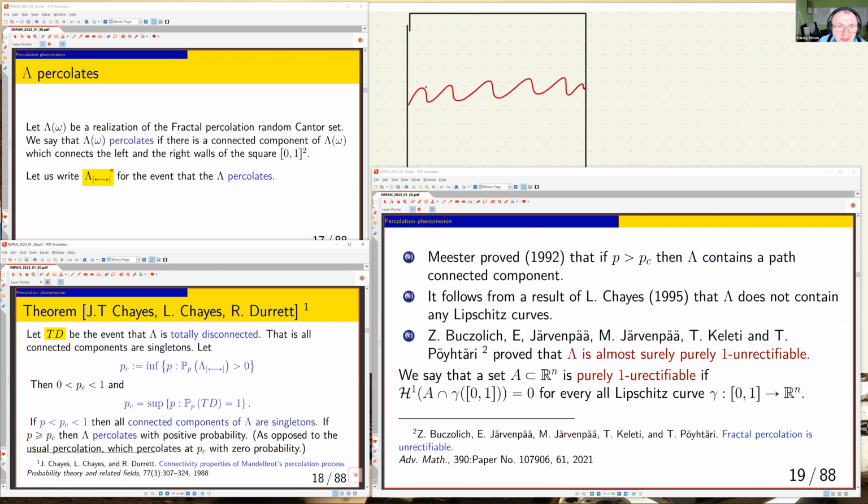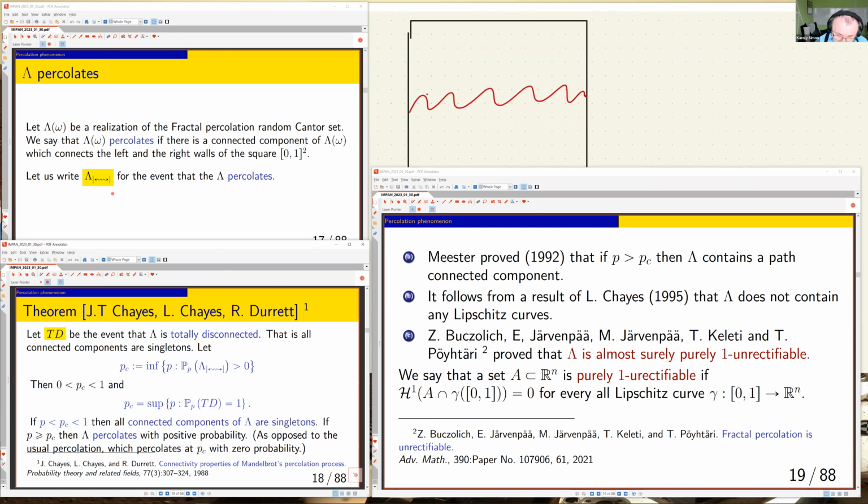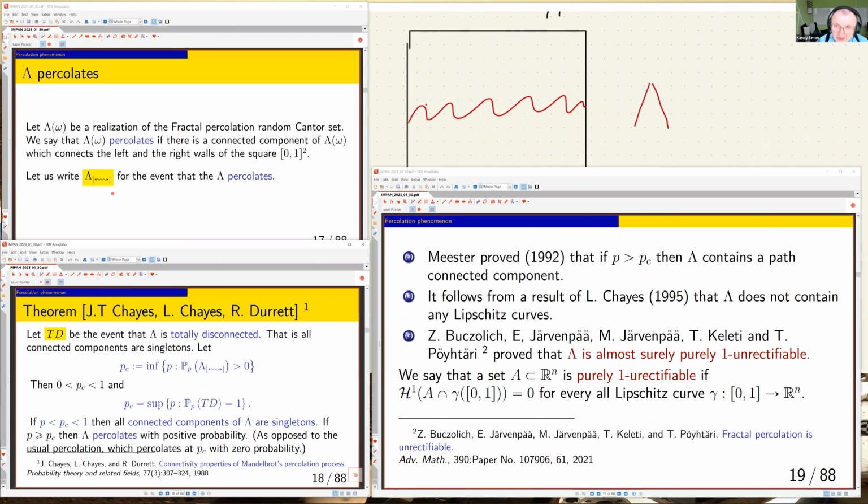And then this is a random event, and I needed to find some way to denote it. The notation for this is lambda, and these are the two walls, and here are two arrows. This is a LaTeX symbol, and it means that the set percolates.